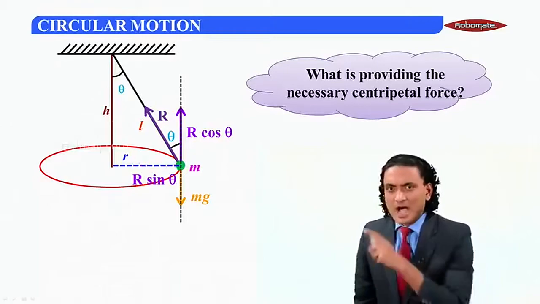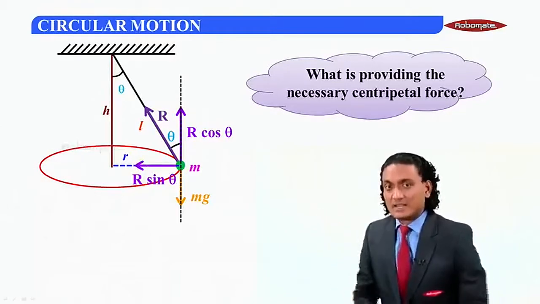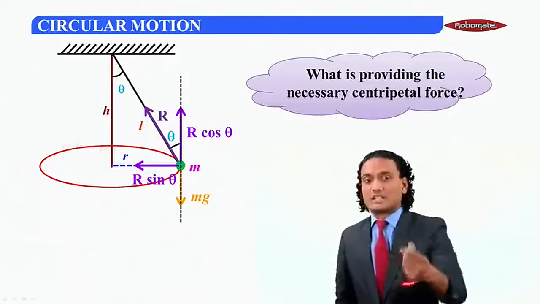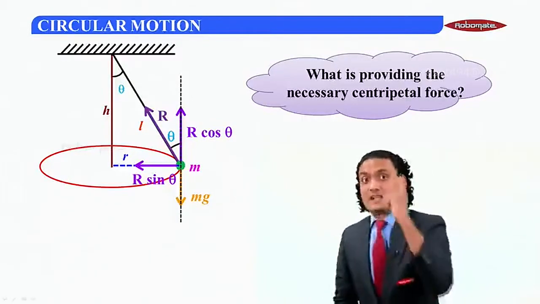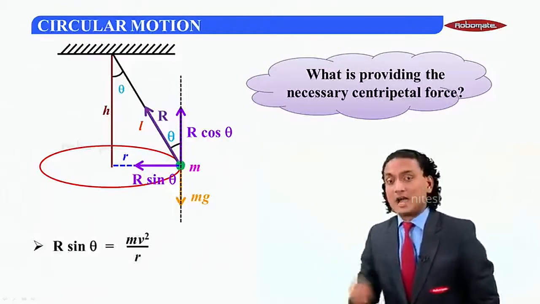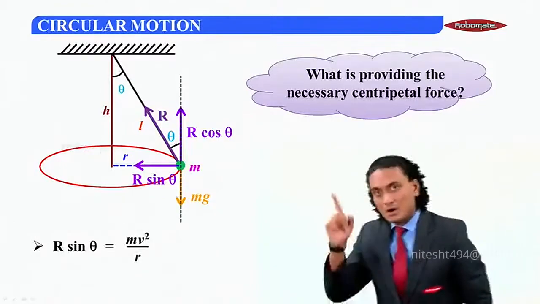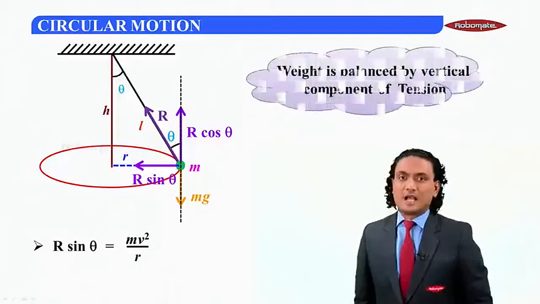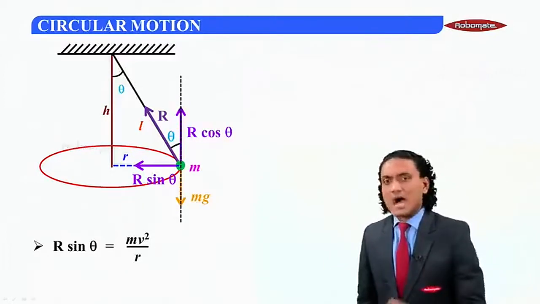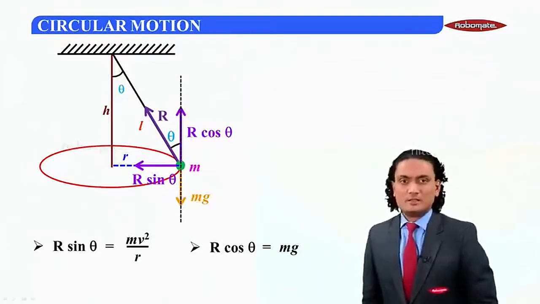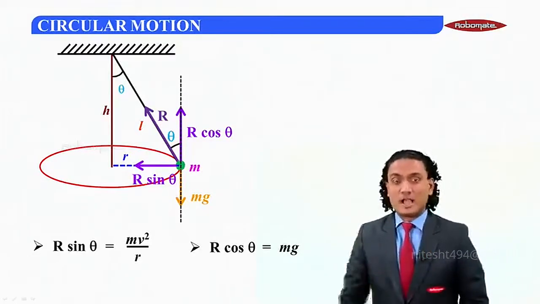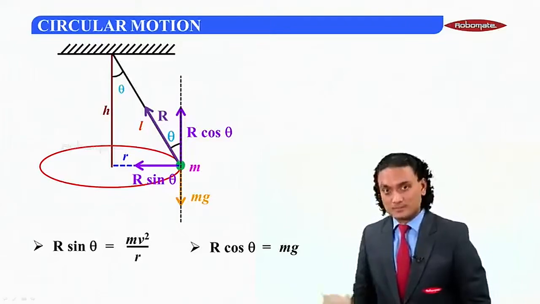R sin theta is the horizontal component of tension, and R sin theta is acting towards the center. So we can say R sin theta provides the necessary centripetal force. So immediately we can write R sin theta equals m v square by r. Also you see here, R cos theta and mg are balancing each other. So we can write R cos theta is equal to mg. Now with these two equations, I can derive expressions for linear velocity and angular velocity of the bob of the conical pendulum.